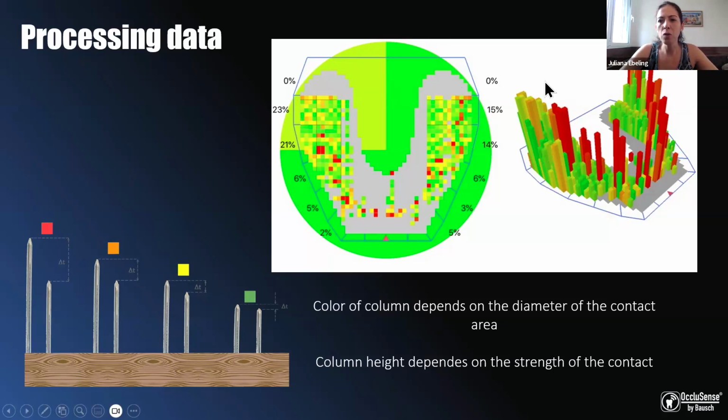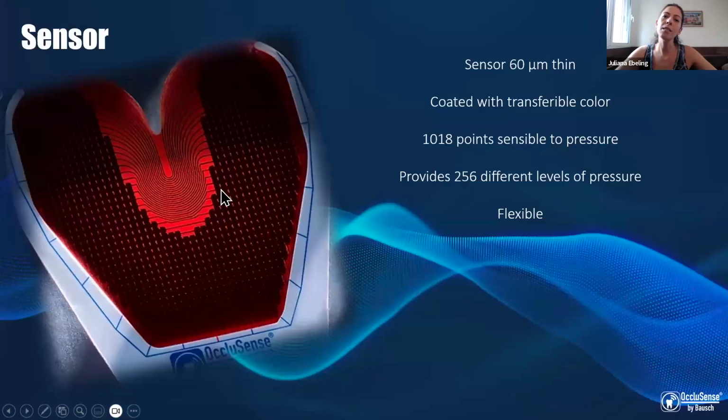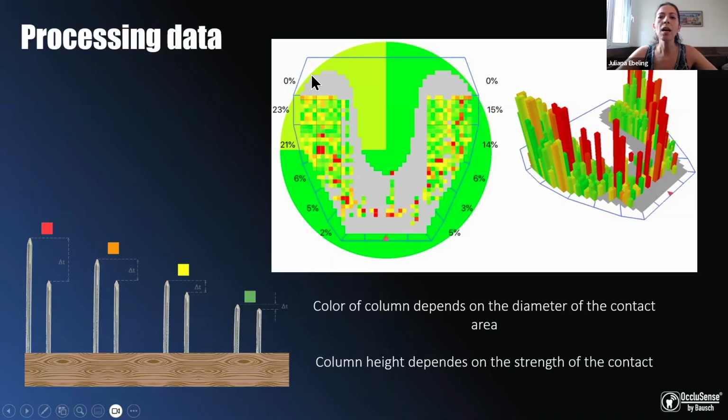Here I have more contacts, and more intensity located in this region of the mouth. When I have green, I have a balanced distribution. When I have red, I have a concentration of intensity in that region.